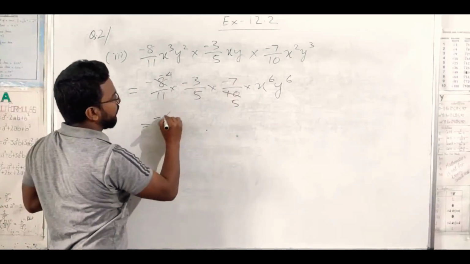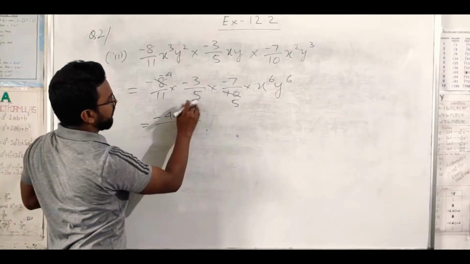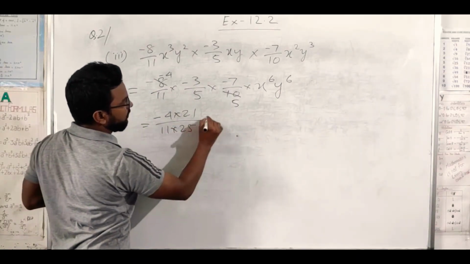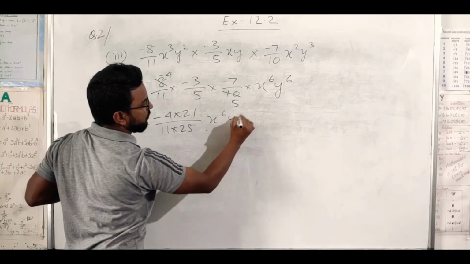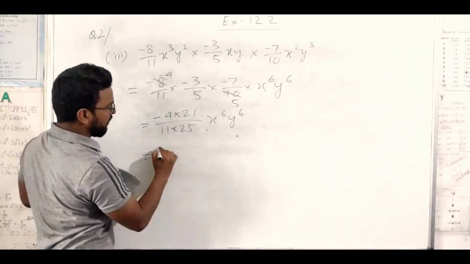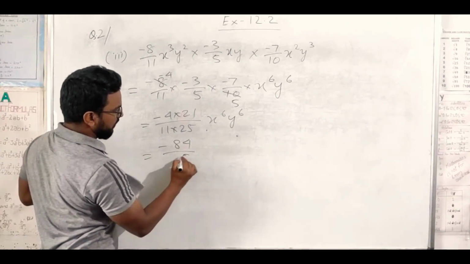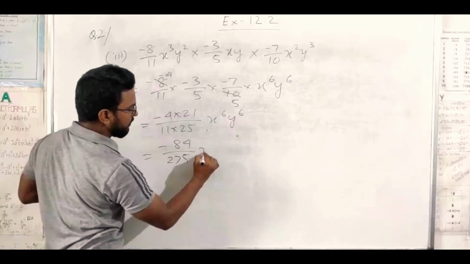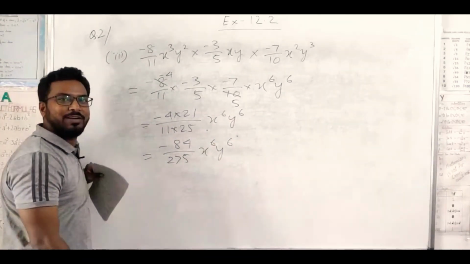So this will be 4 into 21, and here it will be 11 into 25, x to the power 6 y to the power 6. So if you multiply, it will be 84, and this will be 275 x to the power 6 y to the power 6. This will be our answer.